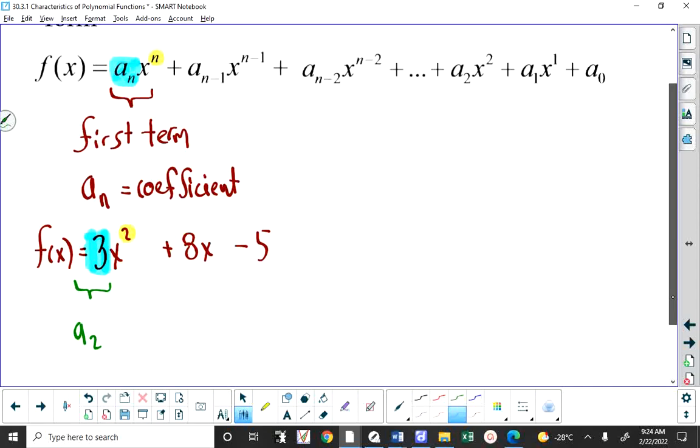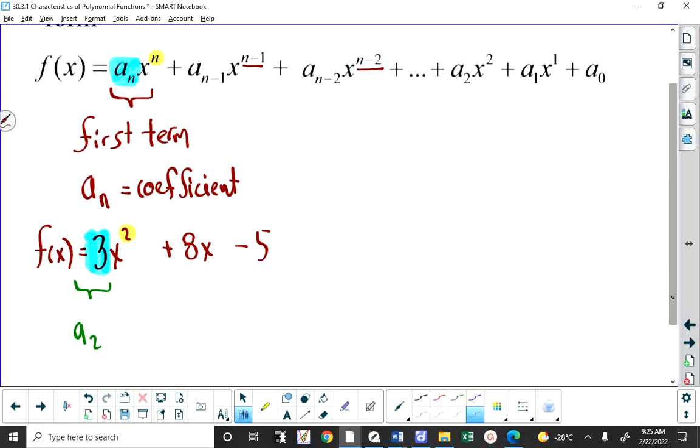So a polynomial function is any function that looks like that. You'll notice the exponent on x drops by 1 to get to the next term, where it becomes n minus 1. Then it drops by another 1 to become n minus 2.